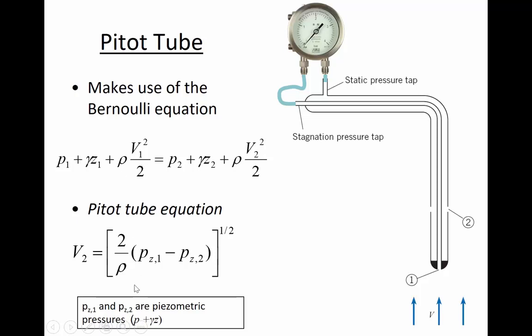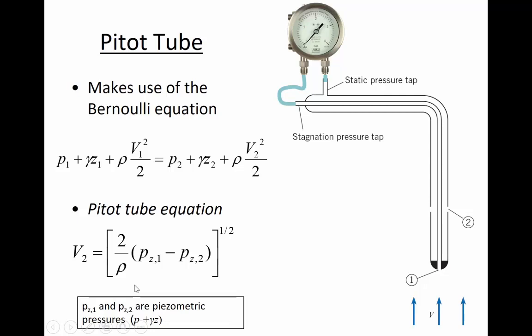And you'll notice here that we're going to measure the difference in piezometric pressure between 1 and 2. Now, piezometric pressure is just P plus gamma Z when we are in terms of wanting to know both the change in pressure and the change in elevation. So P sub Z is pressure plus gamma Z.